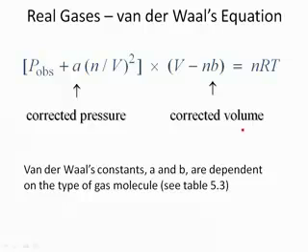And so we have 2 factors that are introduced into our ideal gas law equation, an A and a B. These are called van der Waals constants, and they are values that you look up in a table, and they are specific to the type of gas that you're dealing with. So carbon dioxide is going to have a different A and B value than oxygen does.